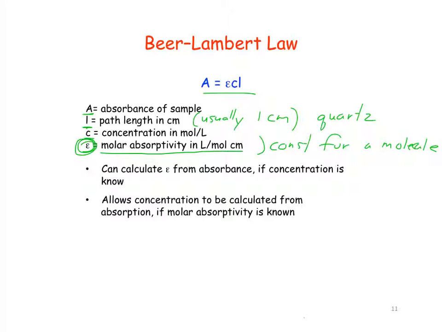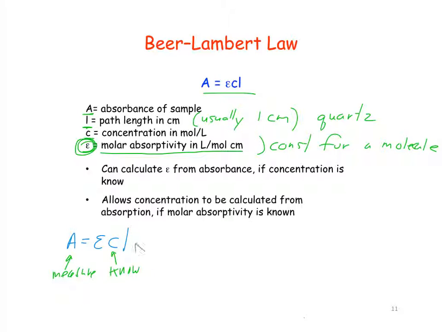So we can use this equation in several ways. If we have an unknown, and we're running the UV visible spectrum for the first time, and we want to report this, maybe in a journal article or something like that, then we have this equation, A equals epsilon C L. We're going to measure A, and we're going to know the concentration because we're going to make up a solution, carefully measure the mass, and dilute it to a known concentration.